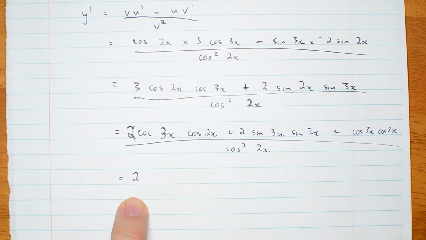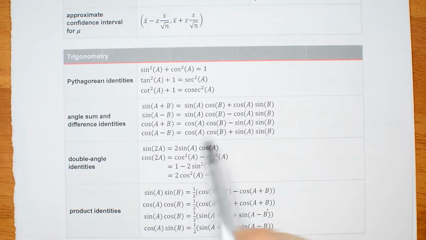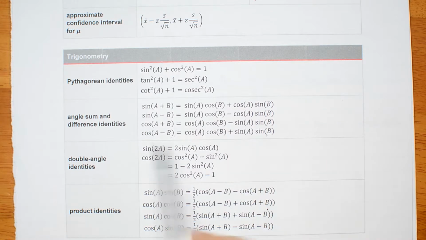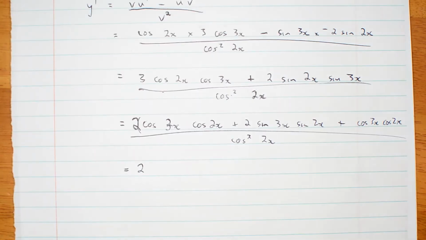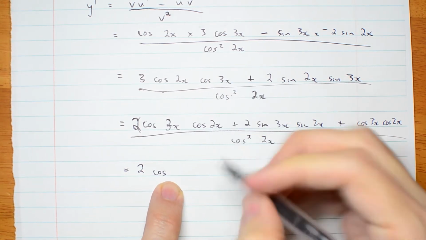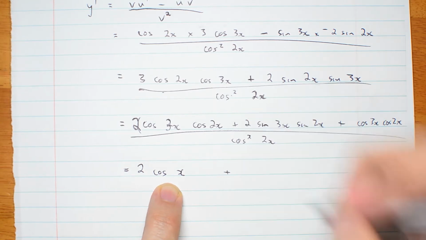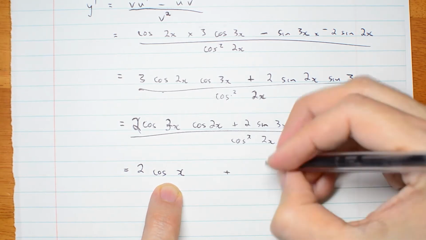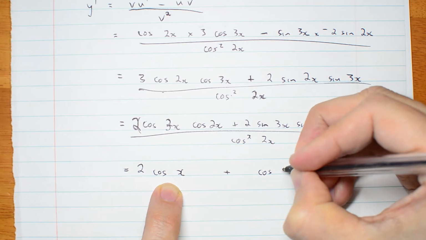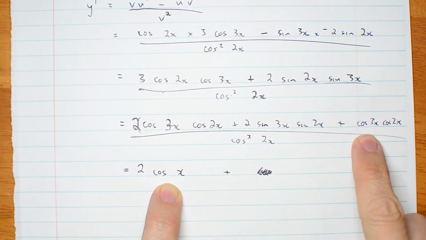This is 2 lots of, now cos plus sin, cos plus sin is cos of the difference. So that's cos of 3x minus 2x, which is x. But I've still got cos 3x cos 2x.